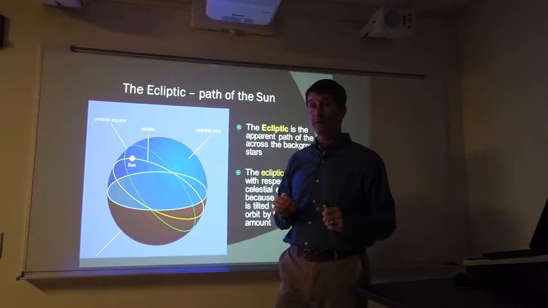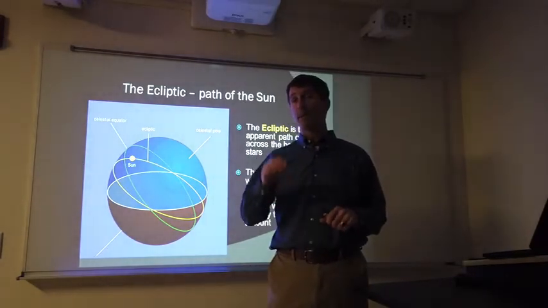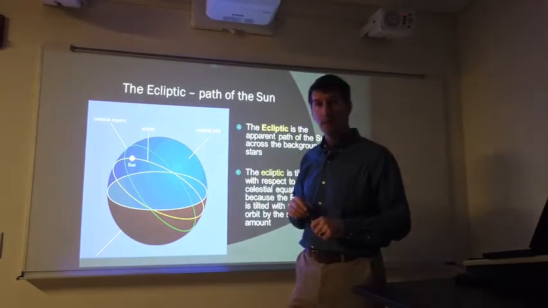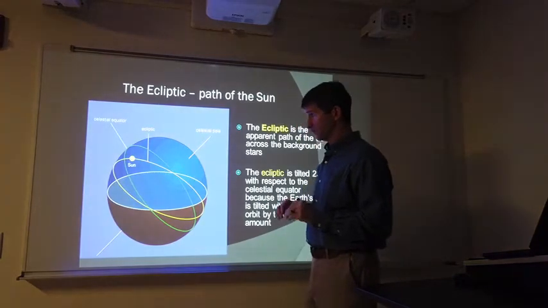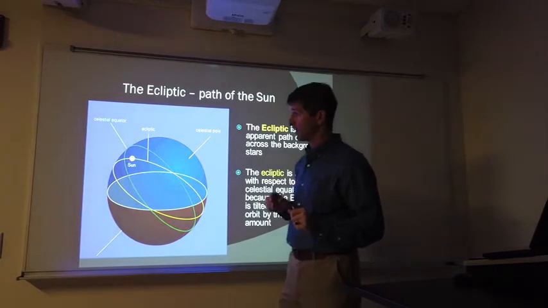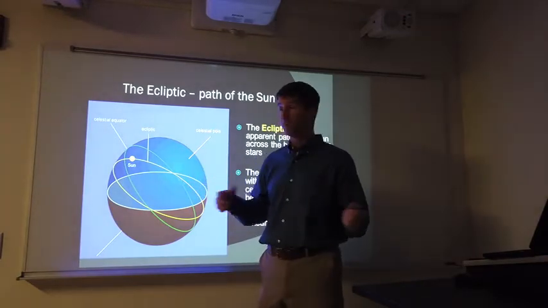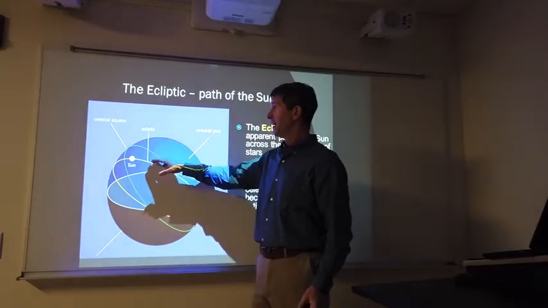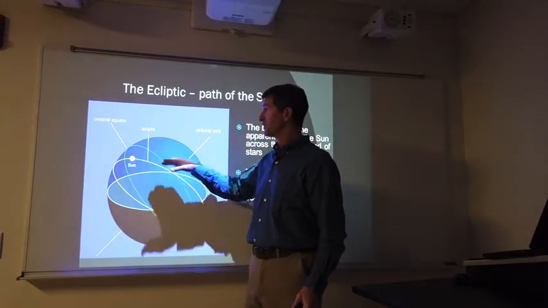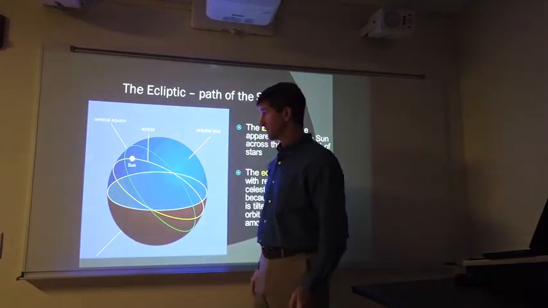But we're well aware of the fact that the Earth is tilted by about 23 degrees. And as a result, instead of the sun moving around the sky on the celestial equator, it moves around on the ecliptic.